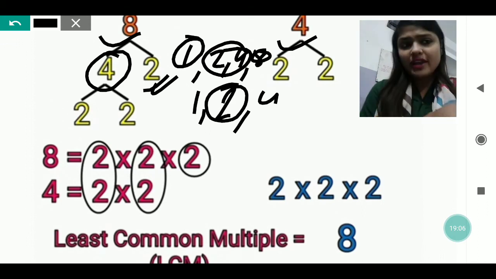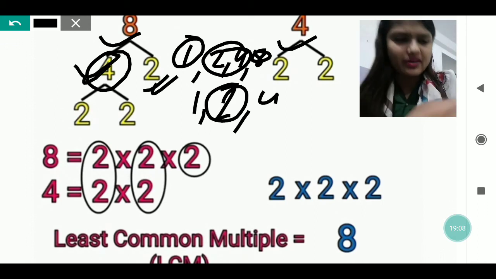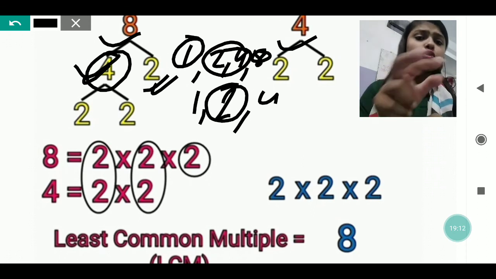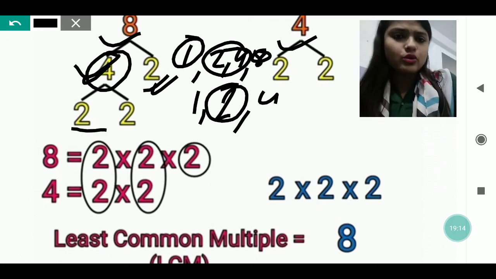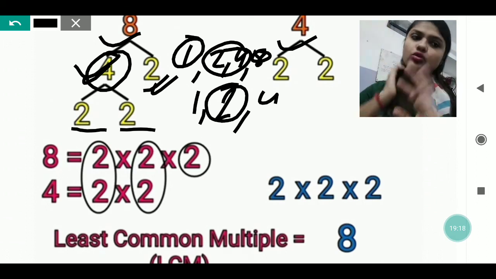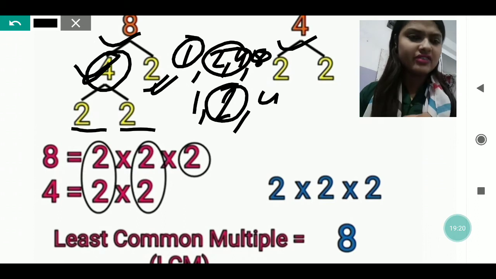So 2 into 2, the factors of 4 when I take out, 2 into 2 gives 4. So 2 and 2 are the factors, 2 is a factor of 4, so that 2 I have written. In the same way, 4 I have divided, and the factors of 4 I have got are 2 and 2.